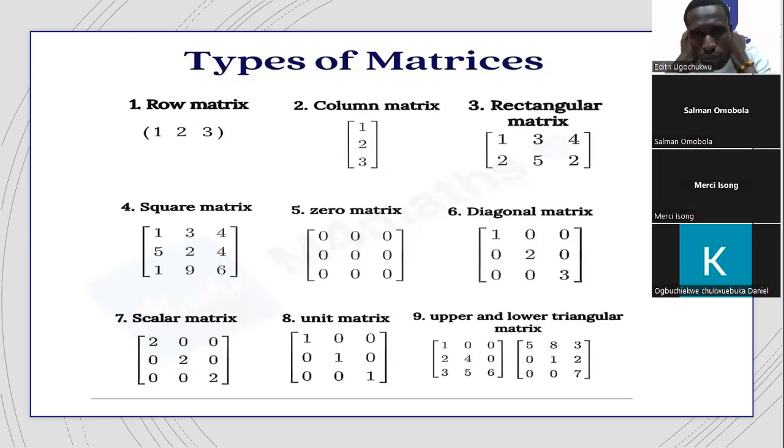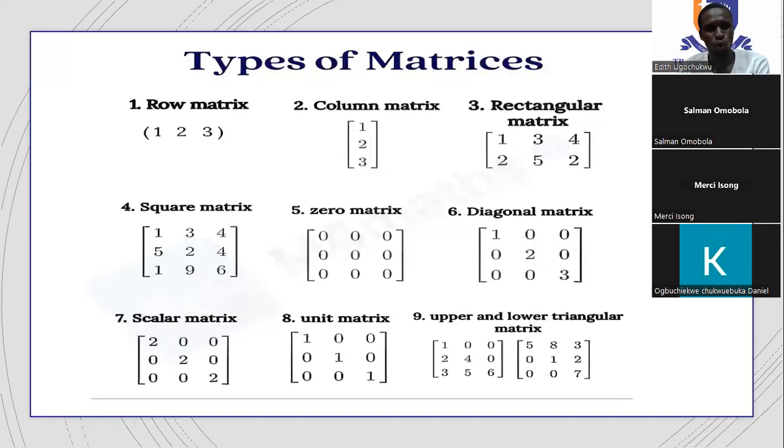The second one, column matrix, is a matrix that contains just columns alone. The other one, rectangular matrix: you can see it's a 3 by 2 matrix in a rectangular form. That's a rectangular matrix.